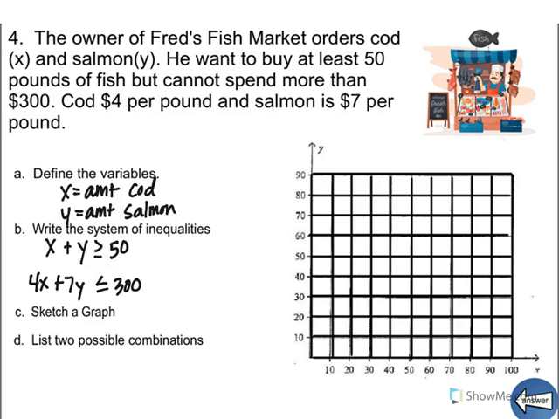And we can solve these using the graph. So I would have to subtract x on both sides here. So I would have y is greater than or equal to negative x plus 50. So if I start at 50, down 10 and right 10 would be the same thing as down 1, right 1.